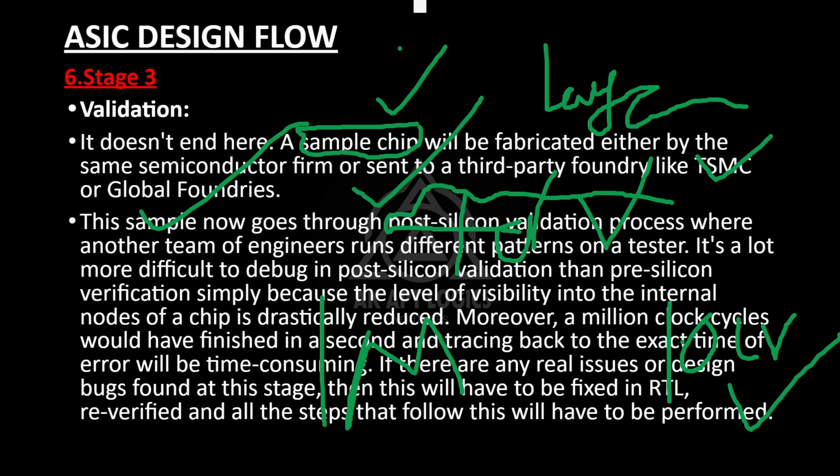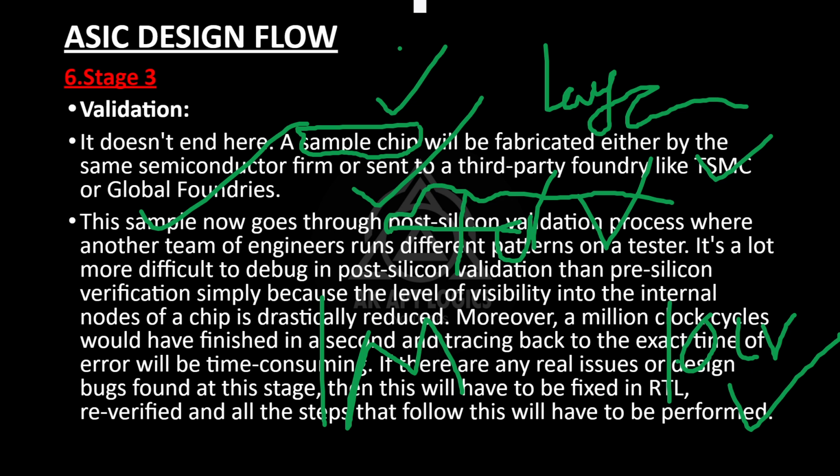It is a lot more difficult to debug in post silicon validation than in pre silicon verification, simply because the level of visibility into the internal nodes of the chip is drastically reduced. Moreover, a million clock cycles would have finished in a second, and tracking back to the exact time of error will be time consuming.